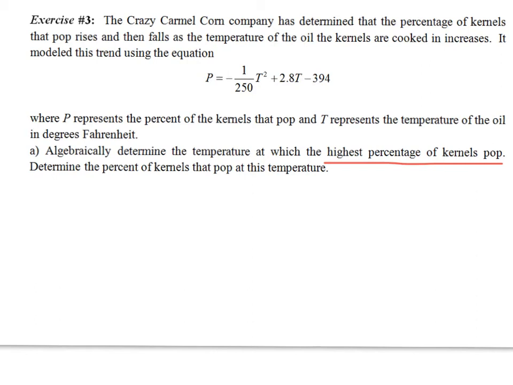So if I want the highest percentage of kernels, I want the maximum point on this parabola. So in order to find the maximum point on the parabola, let's go back to our equation for the vertex. This time our independent variable is T, so I'm going to start with T is equal to negative b over 2a. So we're going to say negative of 2.8 divided by 2 times the fraction negative 1 over 250.